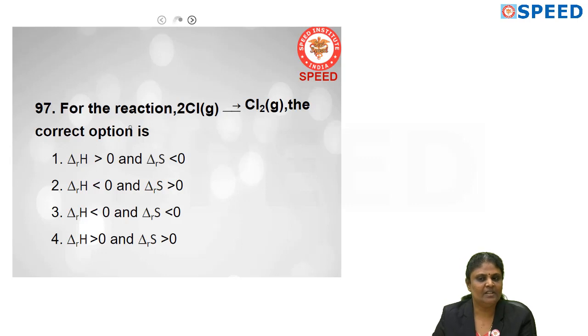The 97th question. For the reaction 2Cl(g) gives Cl2(g), so this is also in gaseous form, and the chlorine is also in gaseous form. So the correct option is, this is from the thermochemistry lesson. Delta H of reaction is always greater than 0, that is positive.